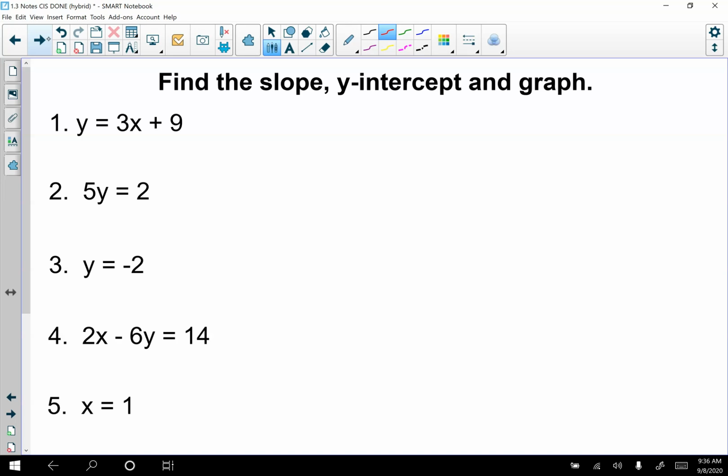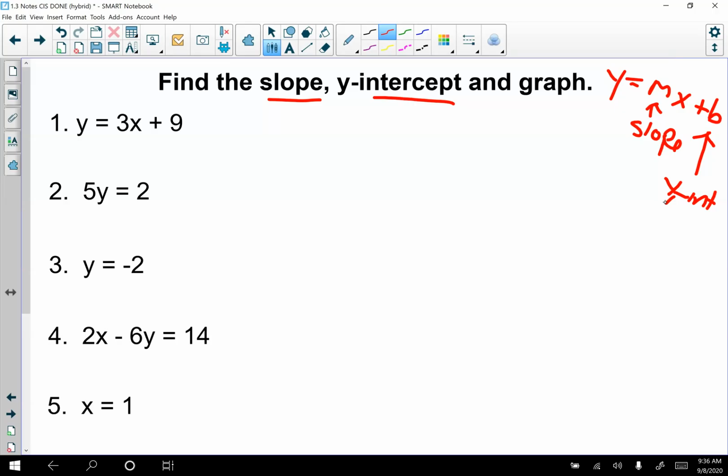Find the slope, y-intercept, and graph. So in order to find the slope and the y-intercept, we have to have these equations in slope-intercept form, where m is the slope and b is the y-intercept for graphing. So the first one, I would say it's already in slope-intercept form.